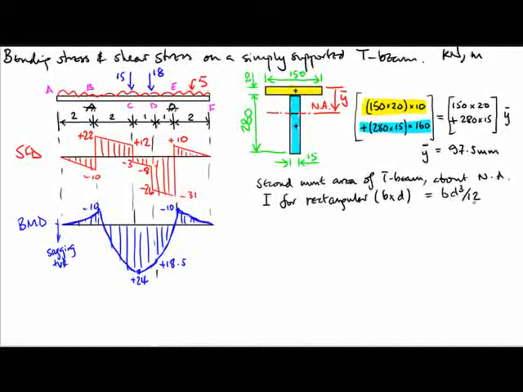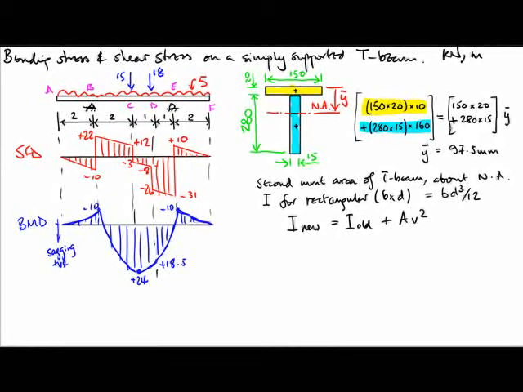By the use of the parallel axis theorem, as you move the block to a new position, the I value will be equal to where you were, plus the parallel axis bit, which is A V squared, where A is the area of the block and V is the distance between the two centroids.